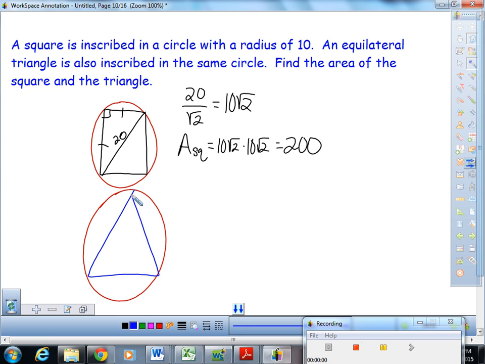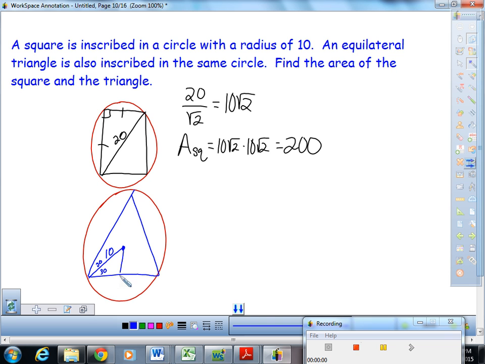Equilateral triangle. That is 10. Okay? I've just created a 30-degree angle right there. Does everybody understand that?